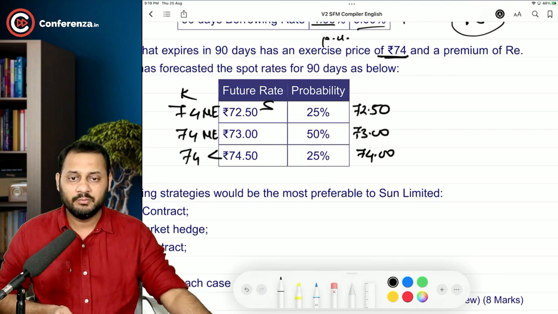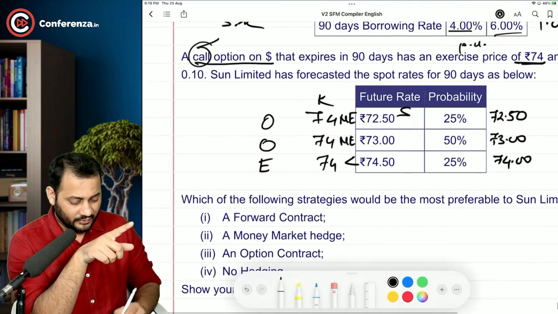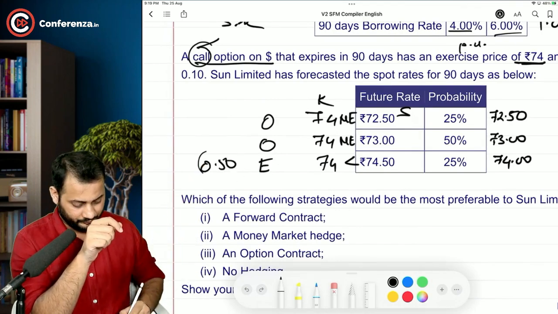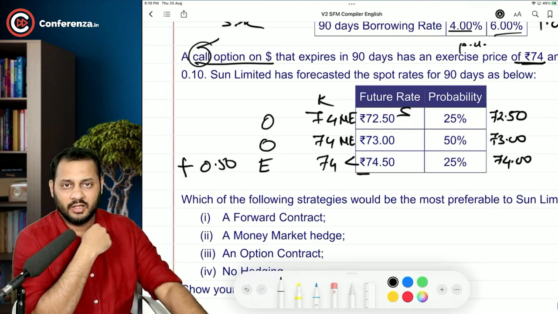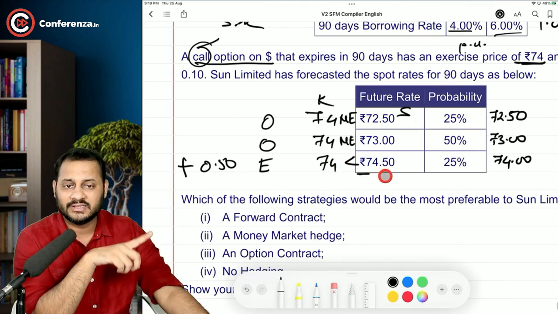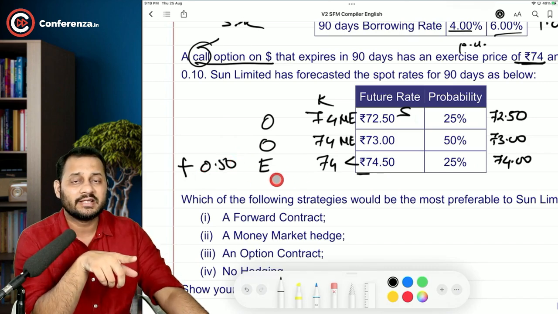Practically speaking, we will be buying the dollar at the market rate of 74.5, but there will also be a cash inflow of 0.50. So we will receive this and we will pay this. At expiry, in order to buy 5 lakh dollars, we will pay 74.50 in this case. But for the same amount, we will receive this much of gain by exercising the option.